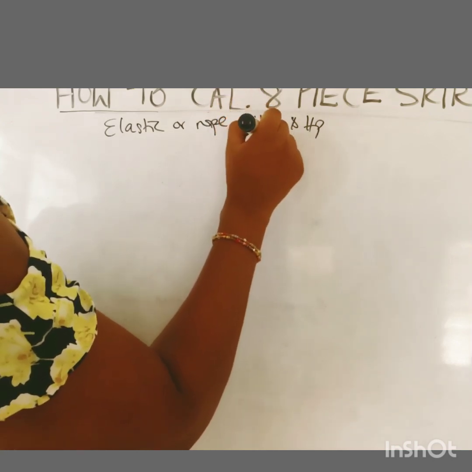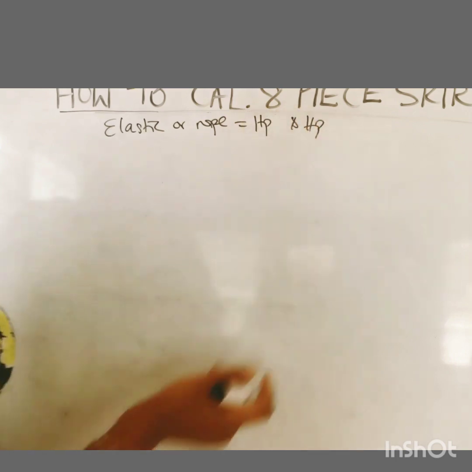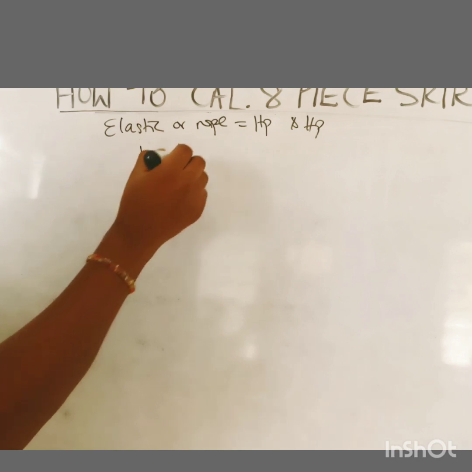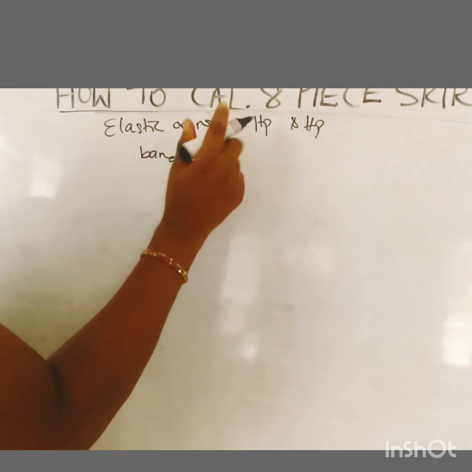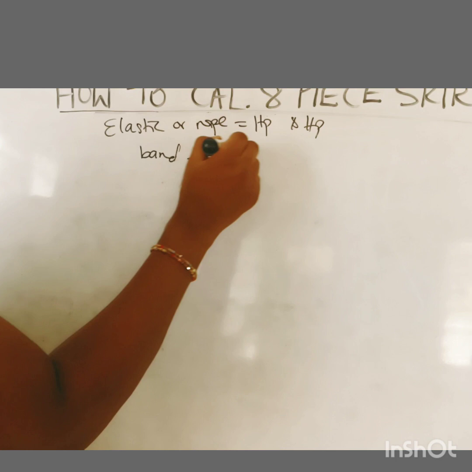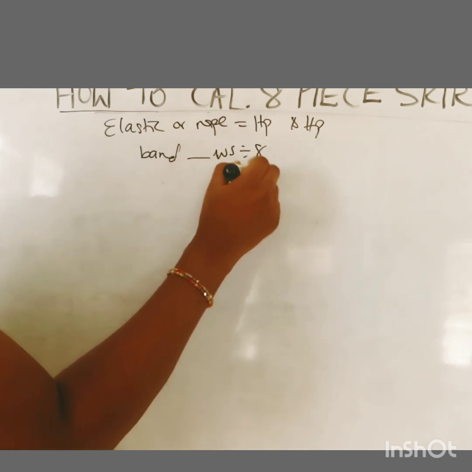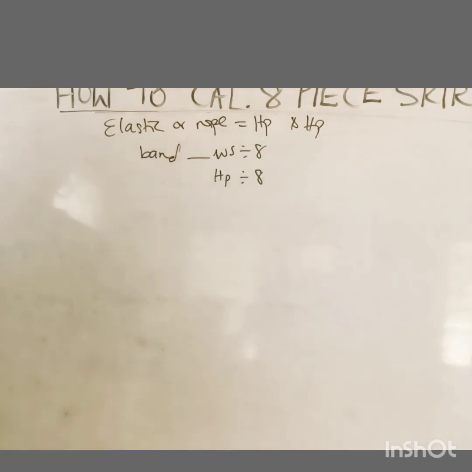You also use the hip measurement for the hip. But if it is a band, then you use your waist divided by 8, then the hip divided by 8, so they'll be different. I hope that is clear.